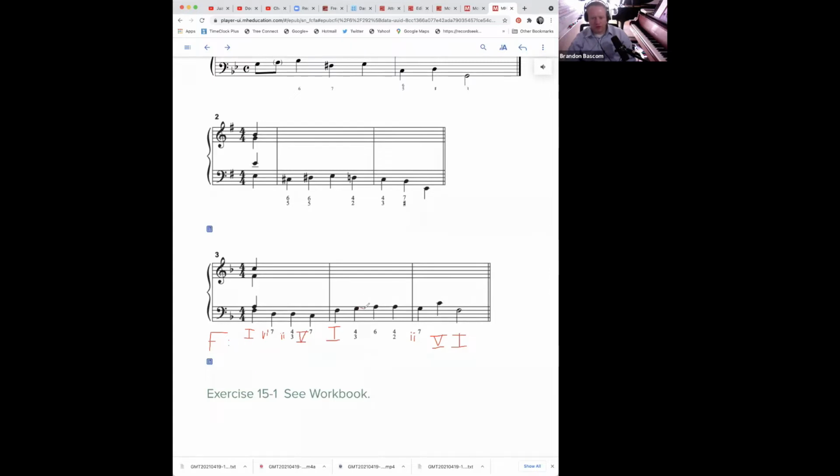Same thing here. We can go down a third to get 6-5 and down a third to get our root, which is a C, which would be a 5. Here we go down a third to get 4-3, down a third to get 6-5, down a third to get our root for 7, which would be 4.